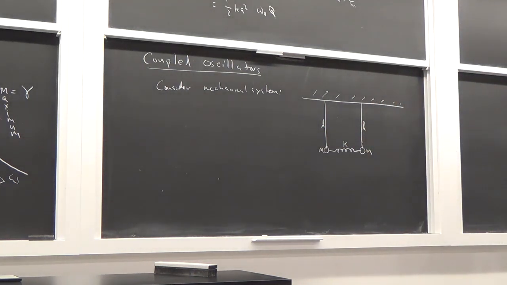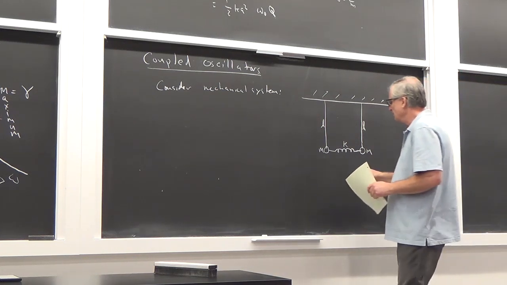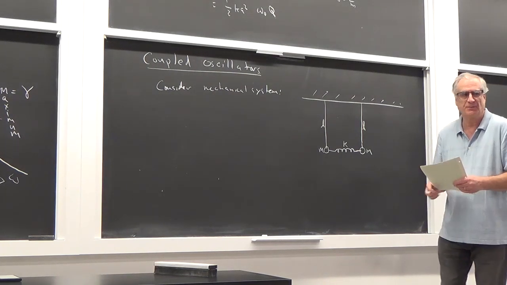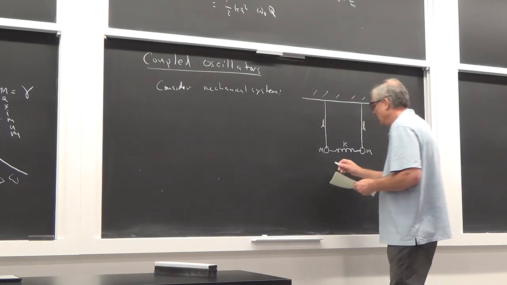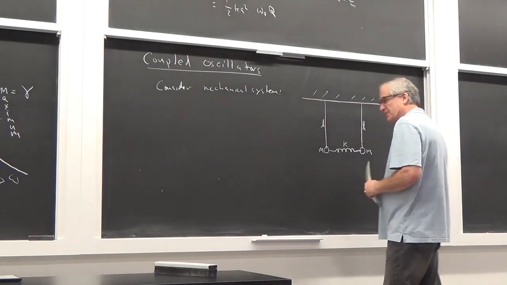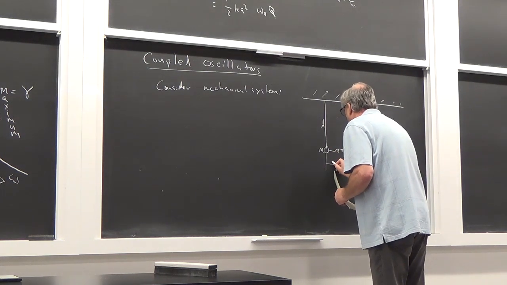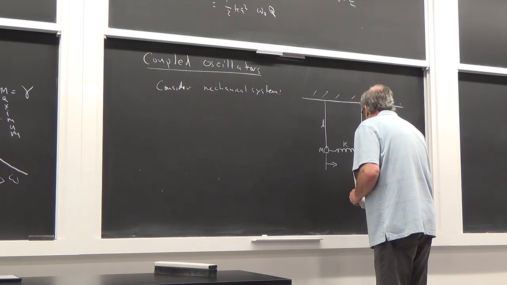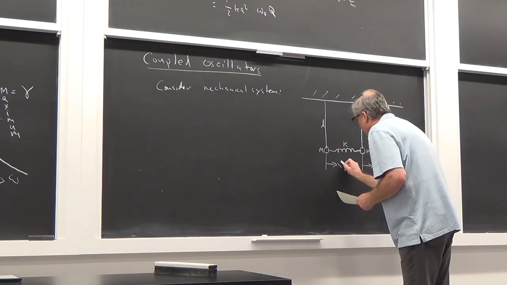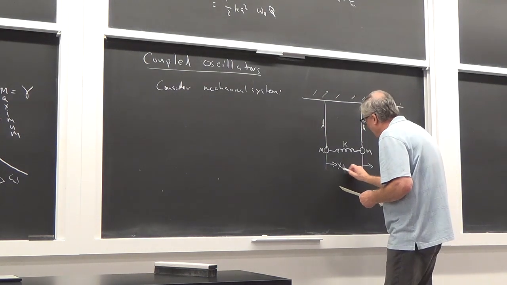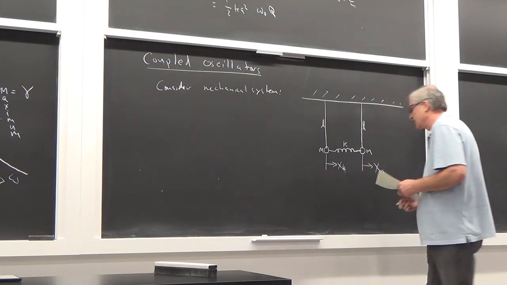And again, I'm faced with trying to decide coordinate systems. Let me first think about a Cartesian coordinate system, because that's somehow the first thing we do. So I'm going to define the x direction to be this direction. XA and XB, so XA is the one to the right.